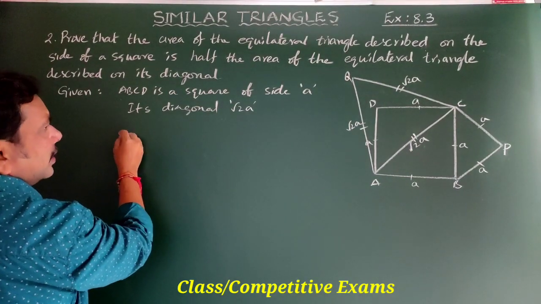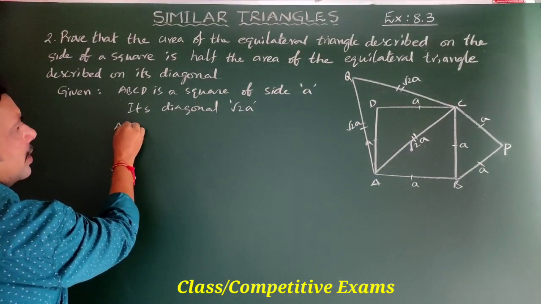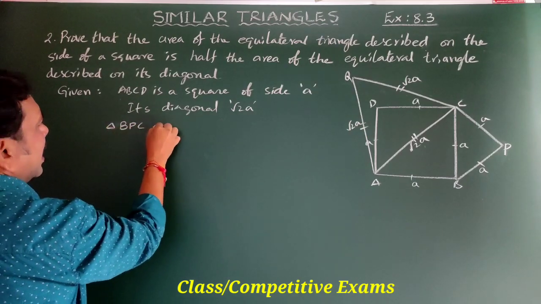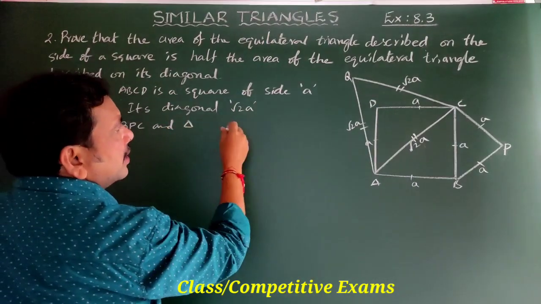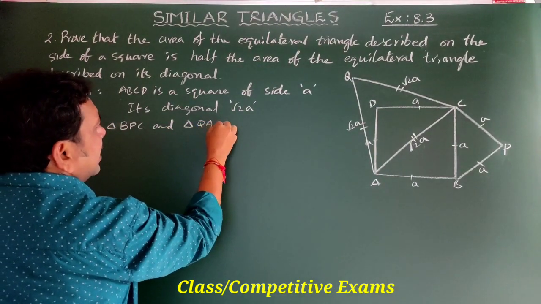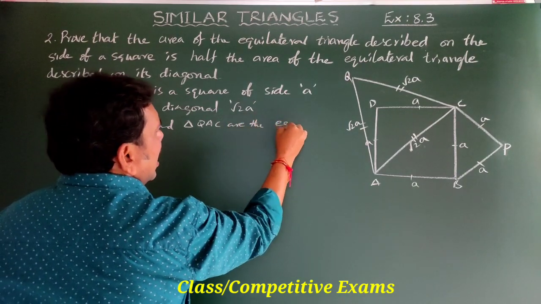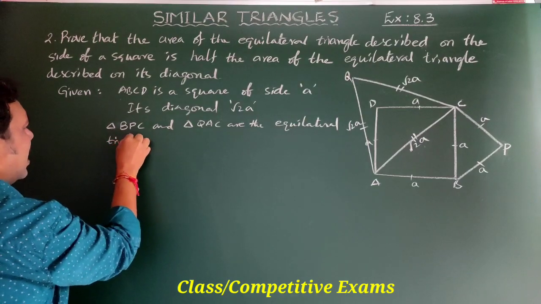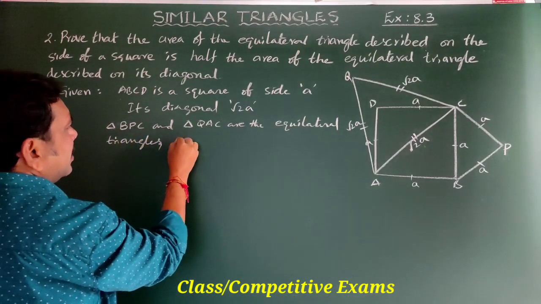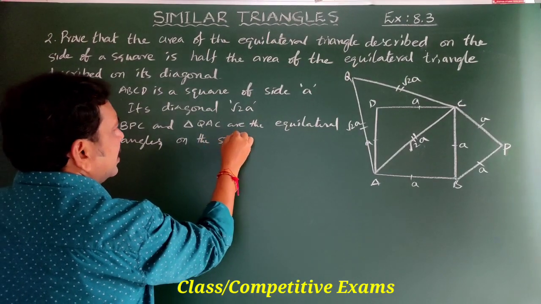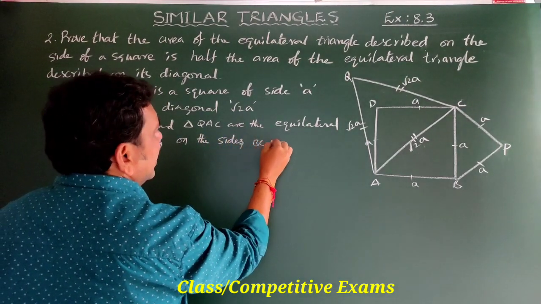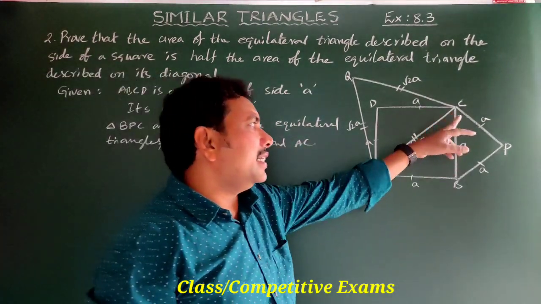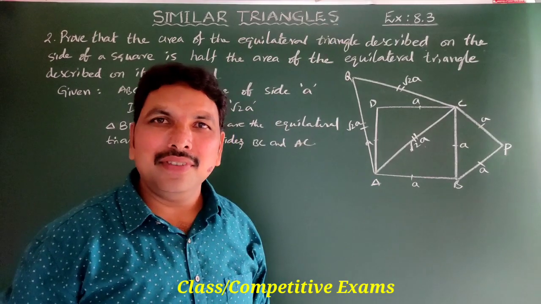Next, triangle BPC and triangle QAC are the equilateral triangles on the sides BC and AC. BC is a side, AC is the diagonal, right?